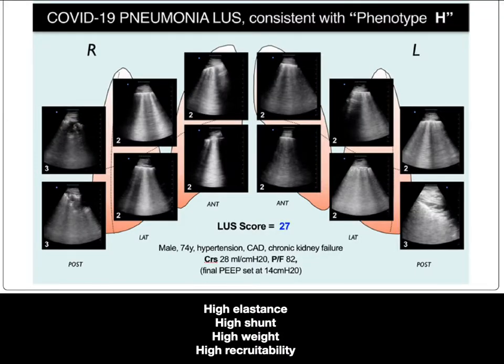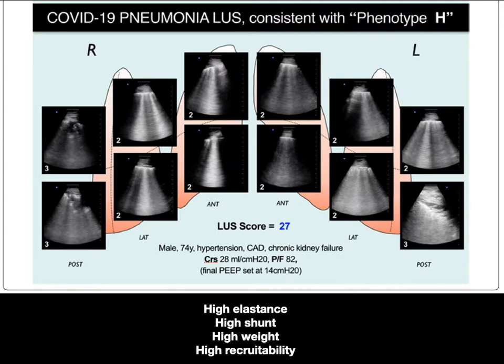Confluent B lines there, and some collapse and consolidation in the posterior areas, and this is where the compliance is low, with high shunt fraction, high lung weight, meaning that the edematous changes are more severe, and these are the ones that respond to recruitment maneuvers, including proning as well. So these are the ones that improve with recruitment.